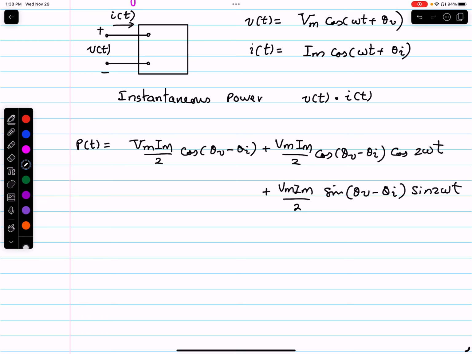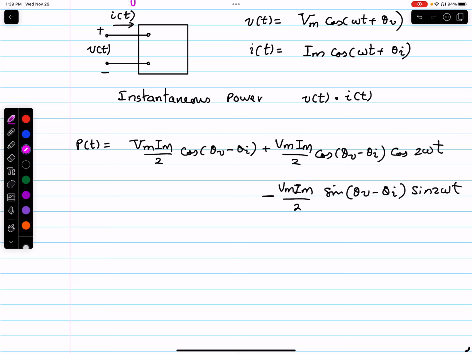So this is the expression for the instantaneous power that we saw, right? Which is simply the product of the voltage and current, and it's actually a negative. Okay, negative Vm Im sine(theta v minus theta i) sine 2 omega t.